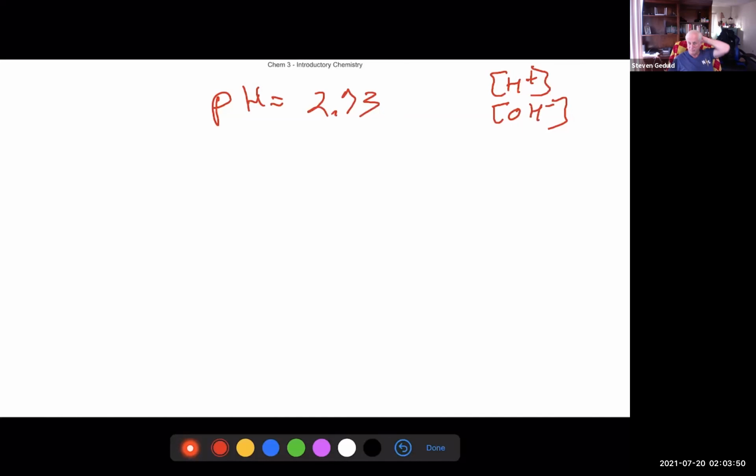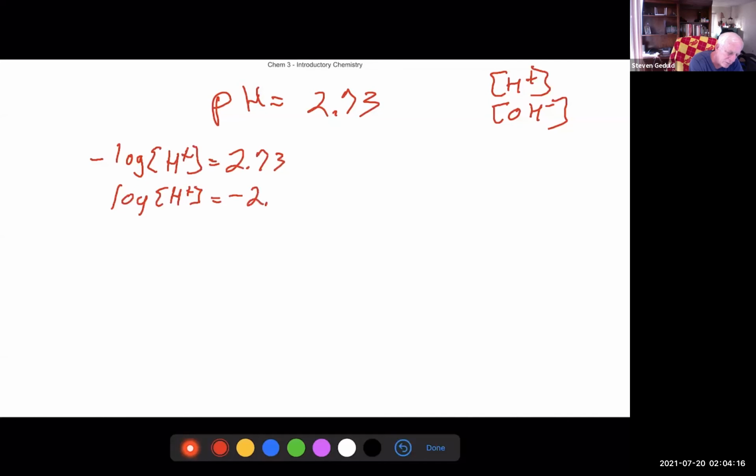First step is to get the H plus concentration, right? Because you know the pH equals 2.73. pH equals minus the log of H plus equals 2.73. So the log of the H plus is equal to negative 2.73.